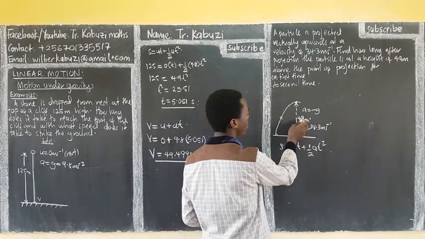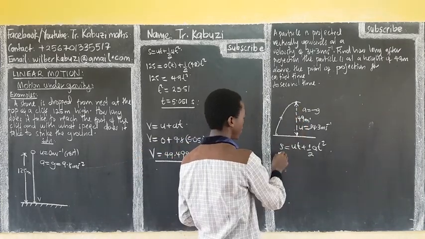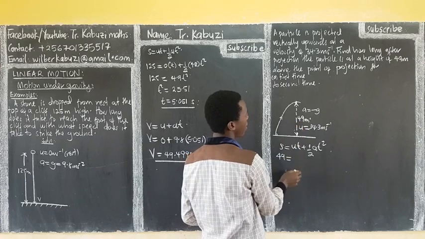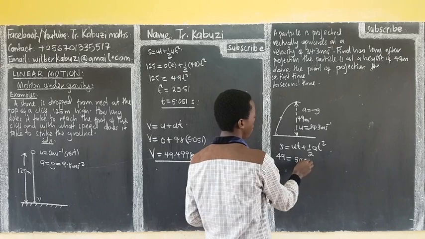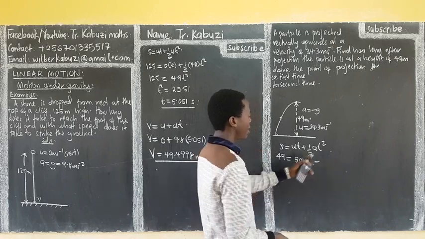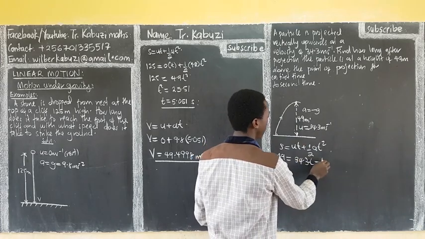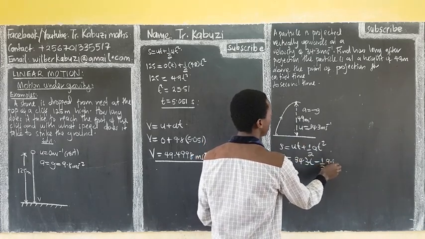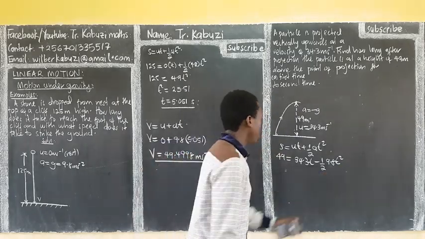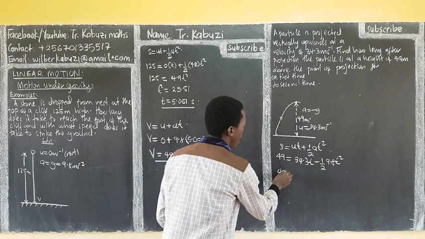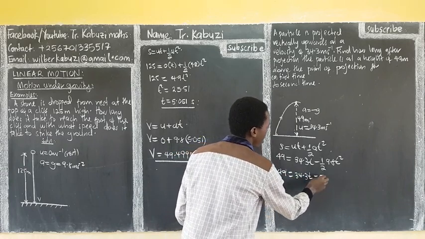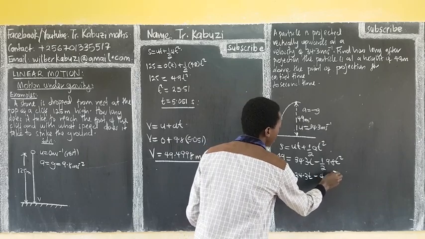Our distance, we want this time. For it to cover this distance, 49, it's going to be our u, 34.3, times the time we are looking for, then minus, because this acceleration is negative, half of 9.8 t squared. If I reduce this by 2, I have 49 equals 34.3t minus 4.9t squared.